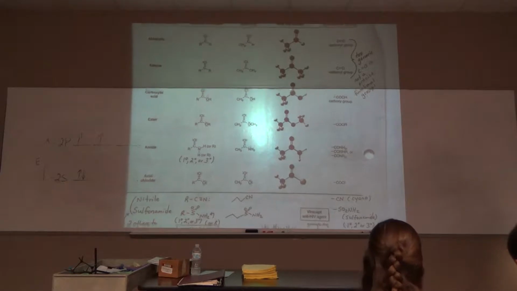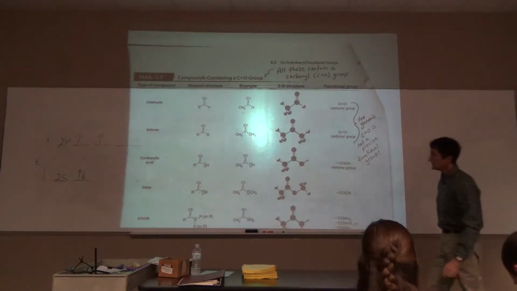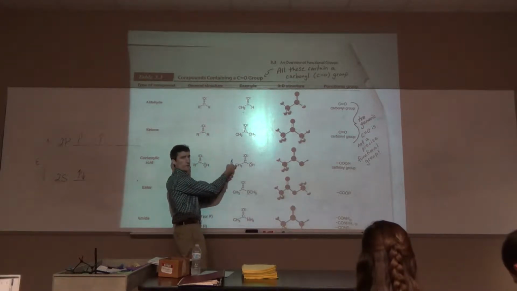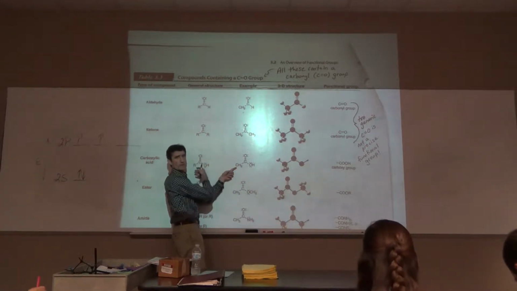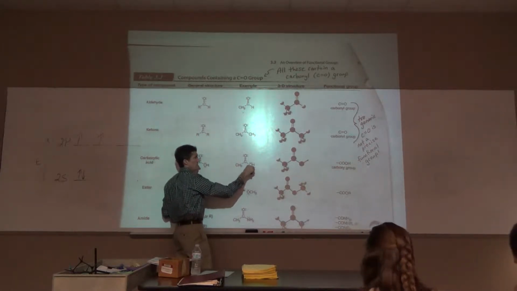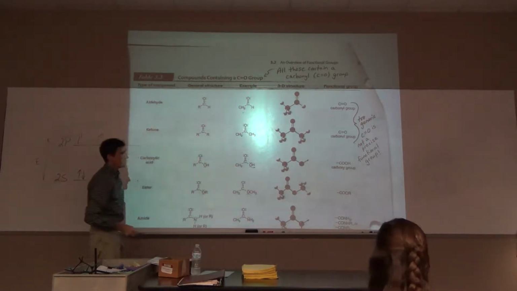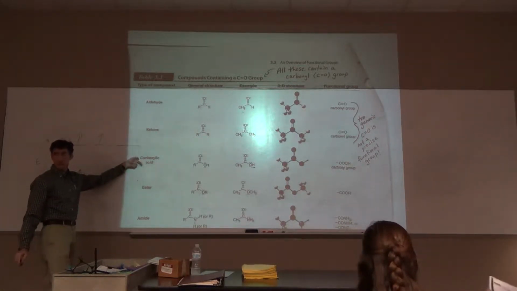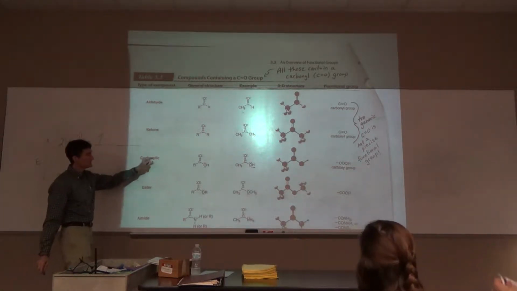Okay, functional groups. We looked at carboxylic acids. Carbonyl, carbon on one side, it could be 1 carbon or it could be 300 carbons. OH on the other. This is going to be an acidic proton. Okay? The only functional group that's called a so-and-so acid. Carboxylic acid.